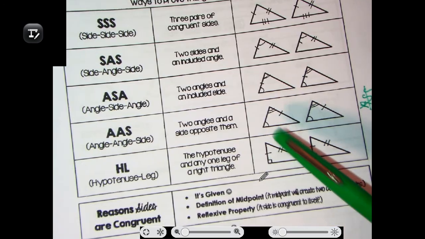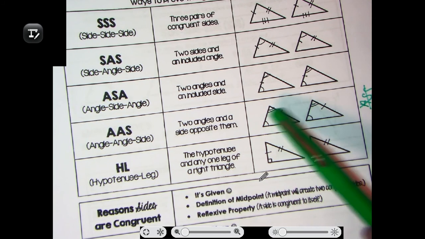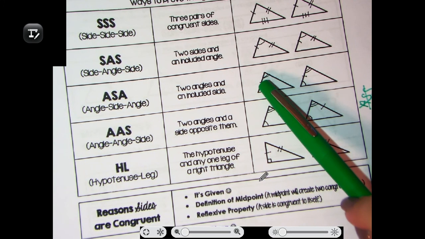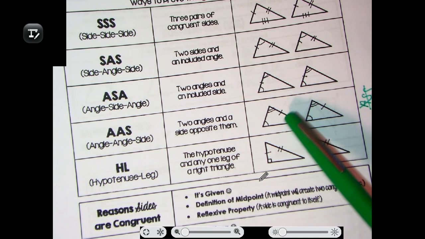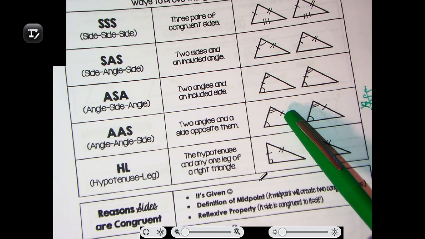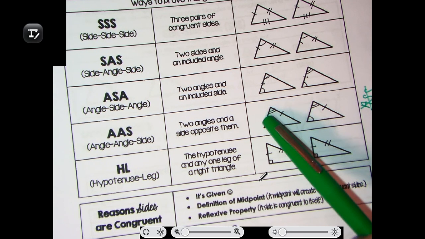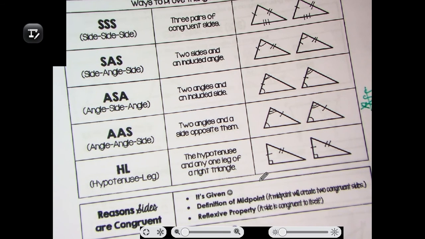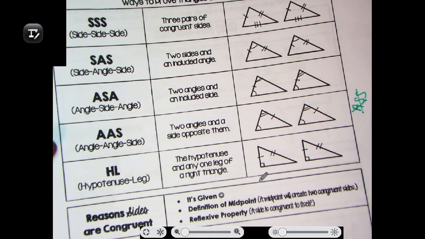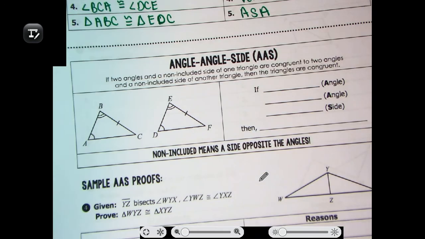Take a look at what that looks like. Two angles and then the side opposite them. So now instead of that side being in between them like it was last time, we're going to basically move it over and it's going to be opposite those two angles. So side or angle, angle, side. Okay. So let's take a look at some proofs and go over some examples with angle, angle, side.